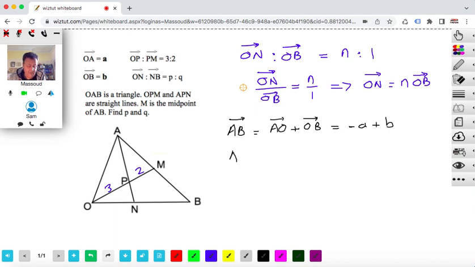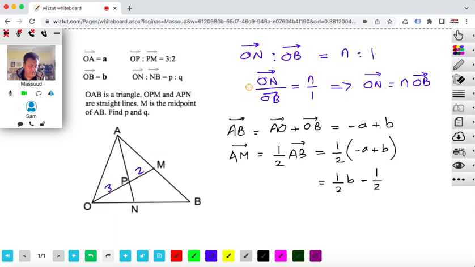Then AM, because M is the midpoint, would be half of AB, which is half of minus A plus B. For simplicity, I'm going to take the half in and write it the right way up: half of B, the positive one first, and then minus half of A. So we found AM.